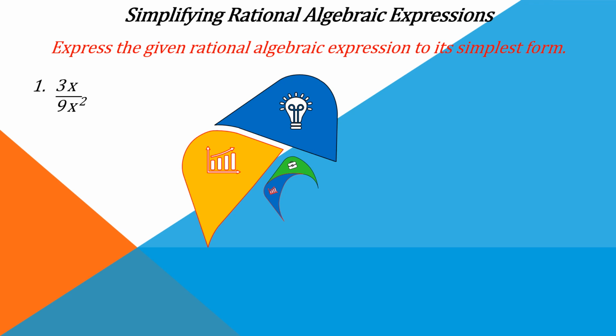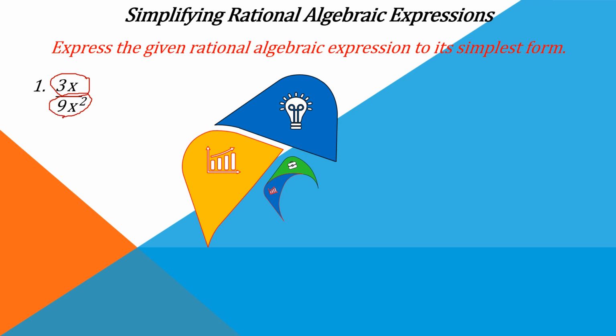Again, in factoring the numerator and the denominator, we should bear in mind that there will be a common factor. In this case, 3x divided by 9x squared, we have 3x. To factor this 3x, it is simply 3 multiplied by x. And we have 9x squared.